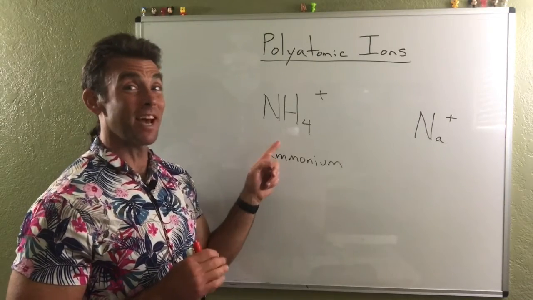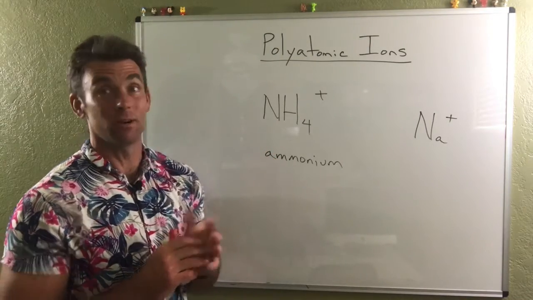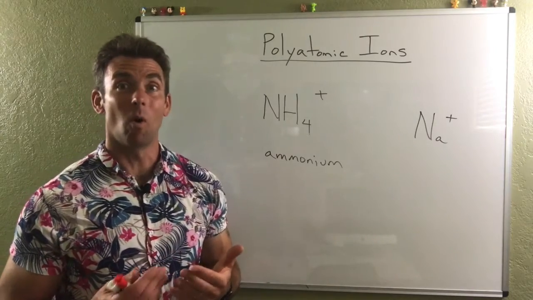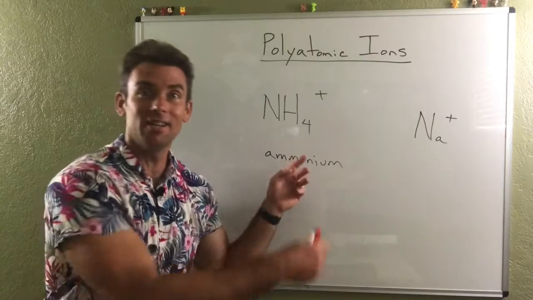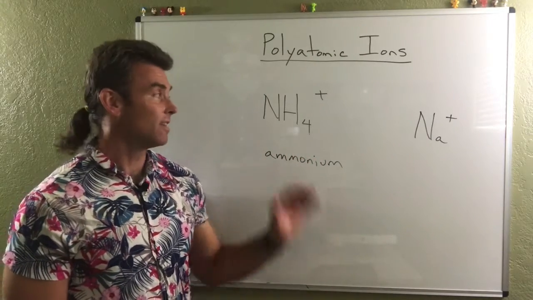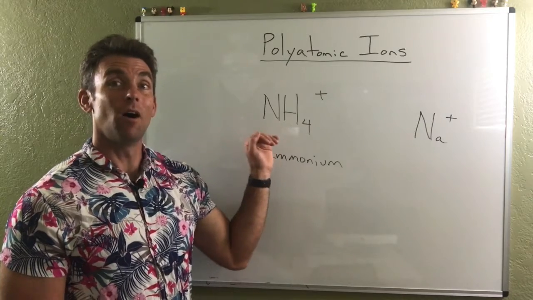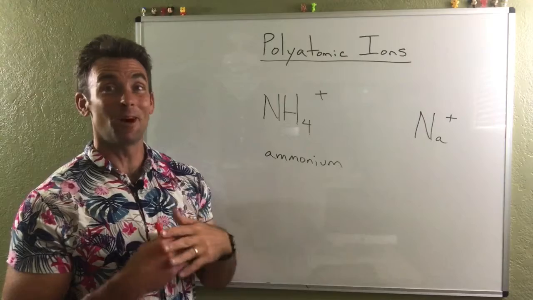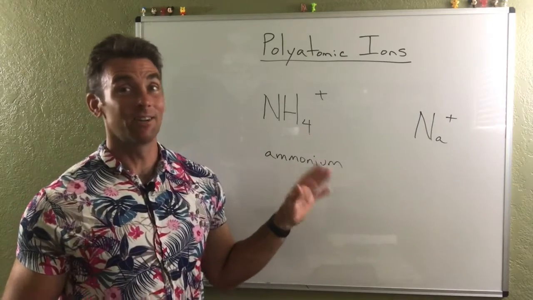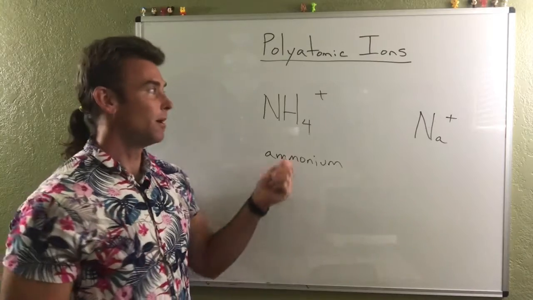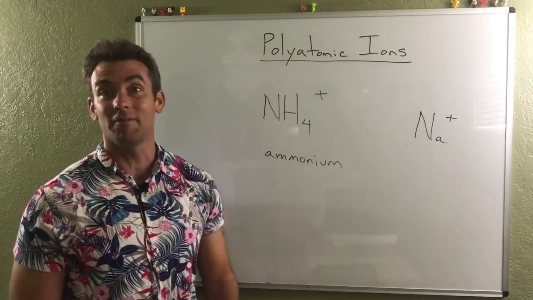We should be asking not just does it contain a metal, but does it contain a metal or ammonium, or NH4+? It's important that you recognize that things that involve ammonium are also ionic compounds, even though when you look at them, they involve only nonmetals. It's kind of that weird exception, but it's such a common molecule that we have to be aware of it.